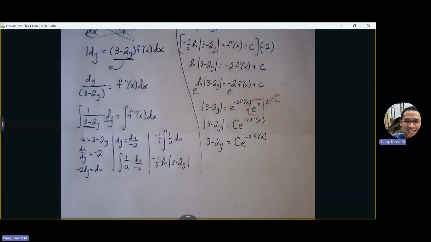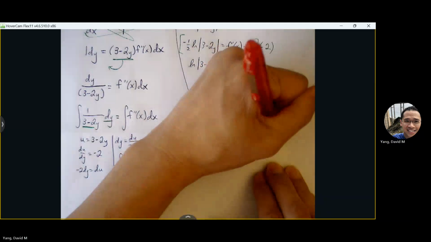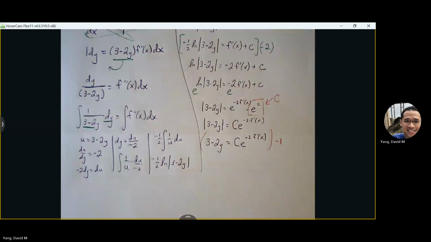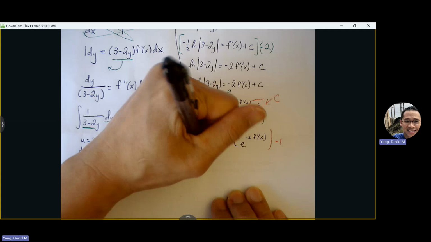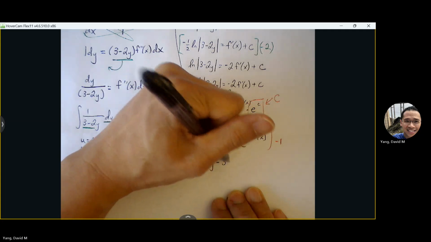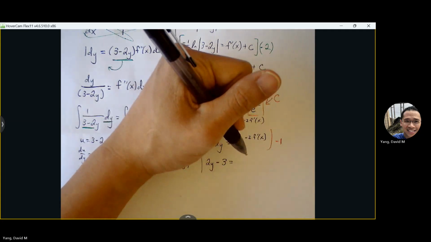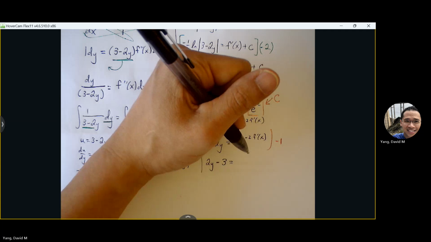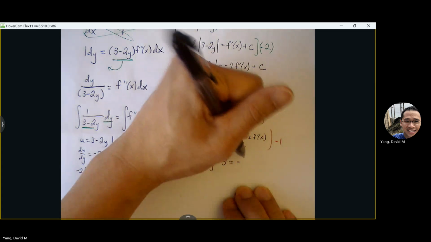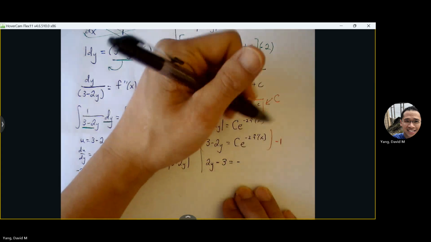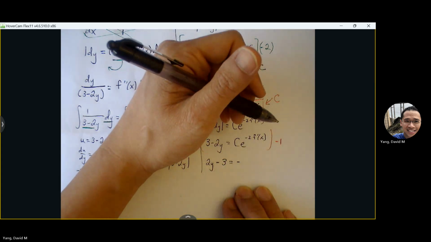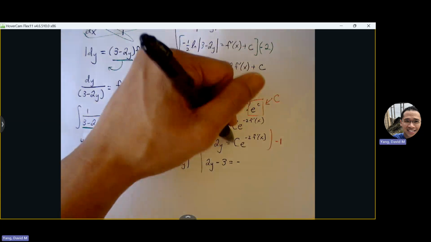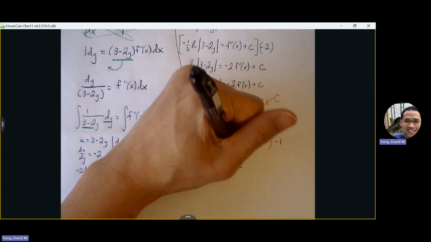Multiply everything through by -1. Get that Y to be positive. That negative times C is just going to still keep it a C there.